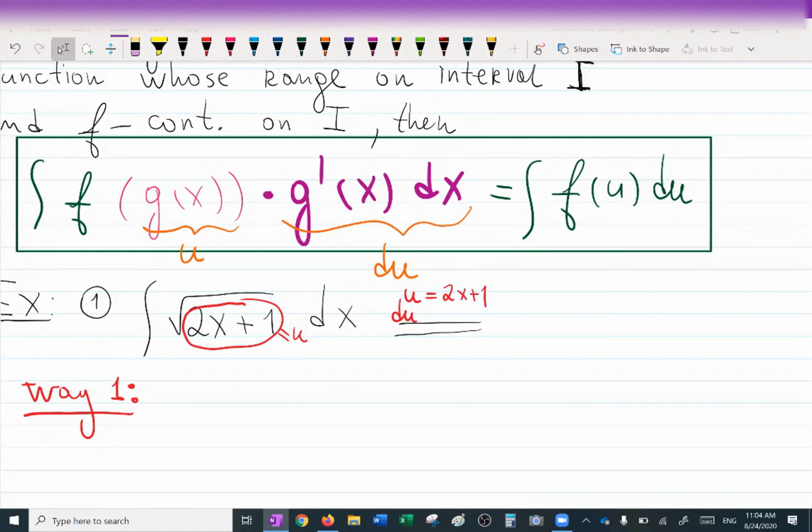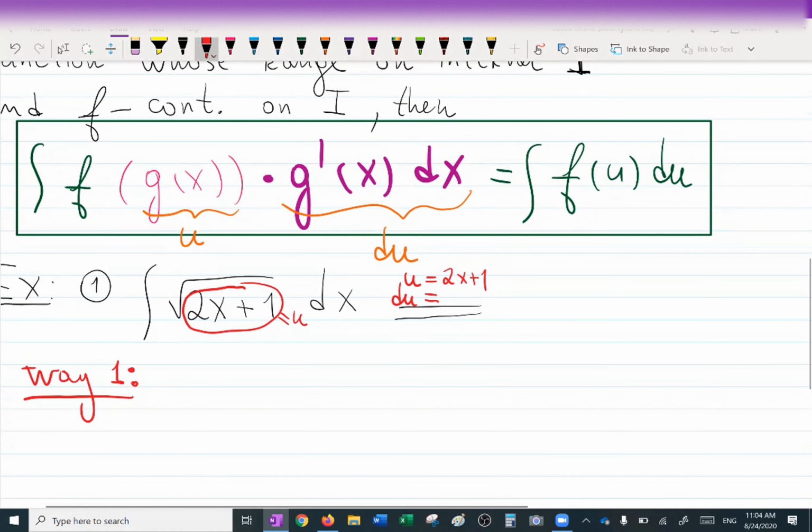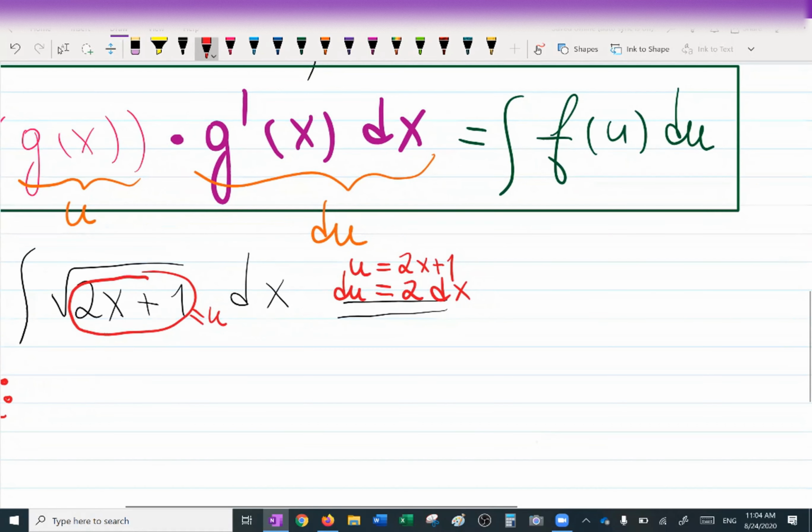You chose your u the moment you did, find du. What is the derivative of 2x plus 1? 2, but don't forget dx at the end. That's important. And I even put it in brackets because brackets are easy to find when you look into your notes. So you see this notation, the equal sign with the brackets on top of it. When I came to the United States, I was using this notation, and then one local professor did not like it.